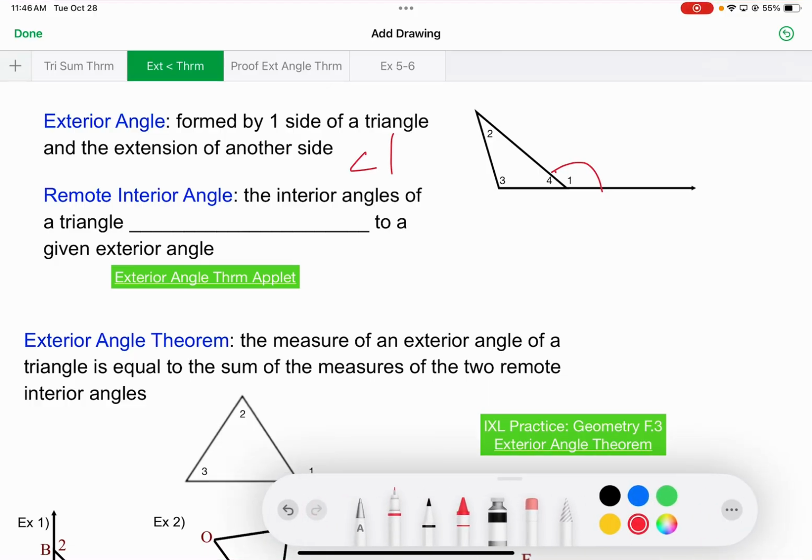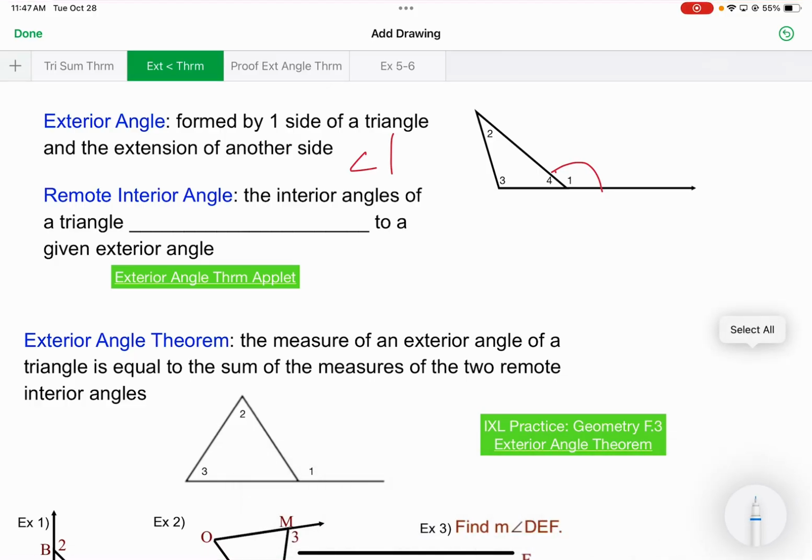And along with that, we have what's called a remote interior angle, okay? Remote means not connected to. Interior is on the inside. So remote interior angles are the interior angles of a triangle non-adjacent to a given exterior angle.